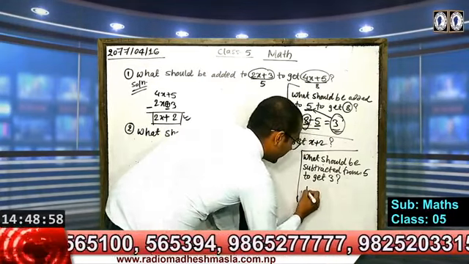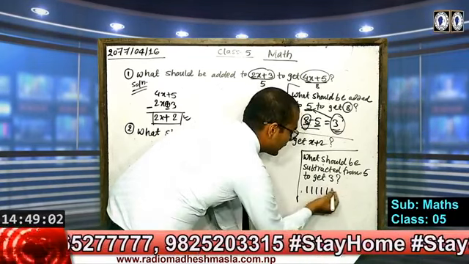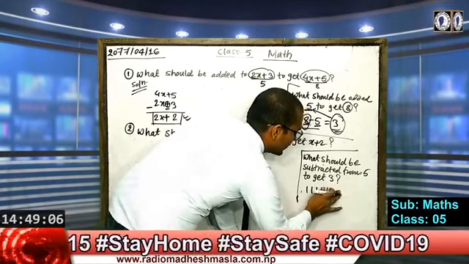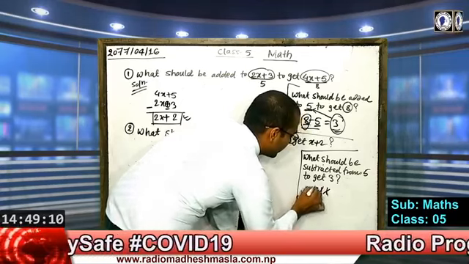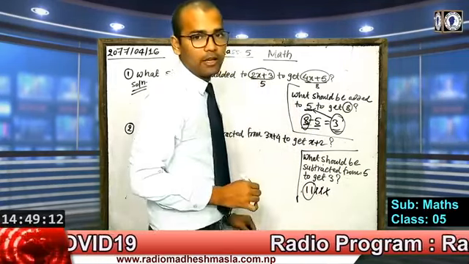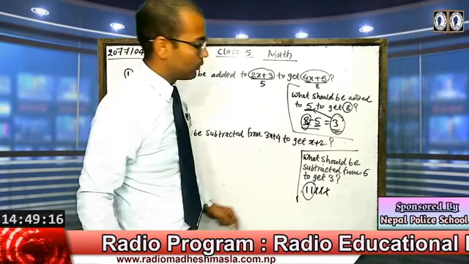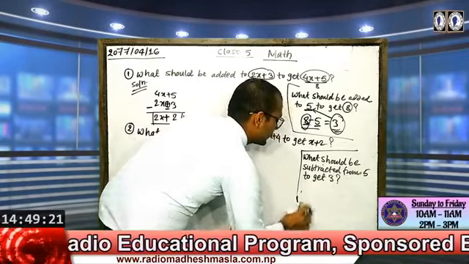Here we have 1 2 3 4 5, and on the other side there is 3. When we count from 3 up to 5, we get 2 lines. It means we should subtract 2 from 5 to get 3.